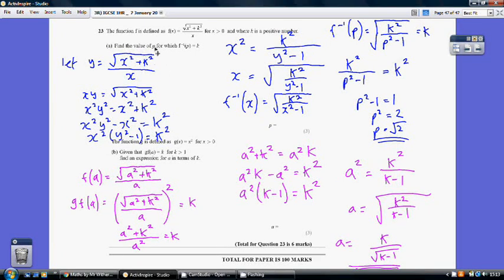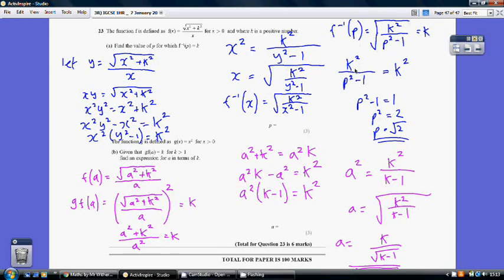Now I've got to find the value of p such that this inverse function equals k. So what value of p when I substitute it in gives me k. So I've got the square root of k squared all over p squared minus 1, because I've substituted p in as my x value, and that's got to equal k. So I'm going to then choose to square both sides to undo the square root.